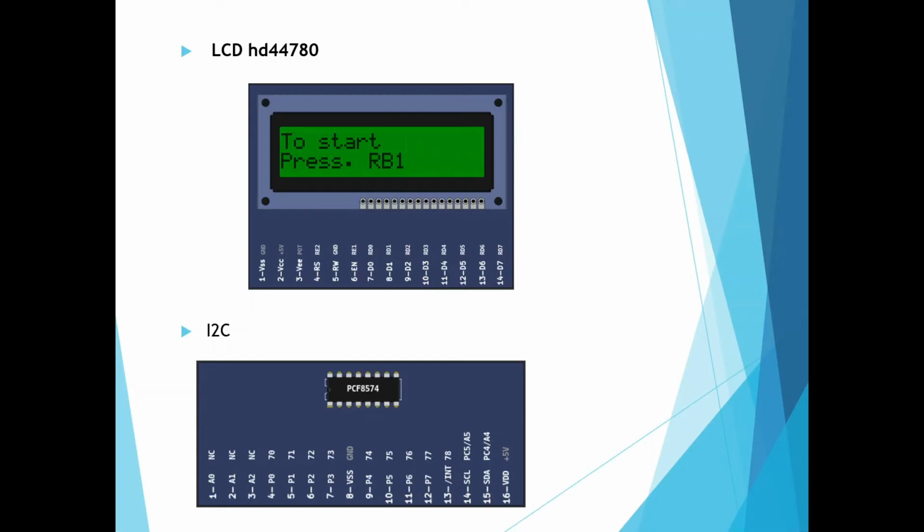Hence, it is sometimes also known as TWI, that means Two-Wire Interface. The I2C bus consists of two wires called the serial data and the serial clock. Data is transmitted through the SDA line while the SCL line is used to synchronize the devices with the clock signal.